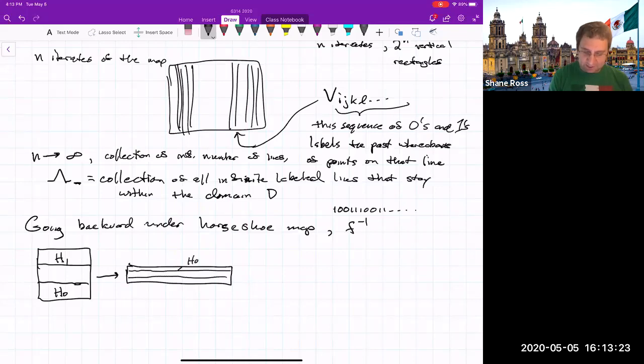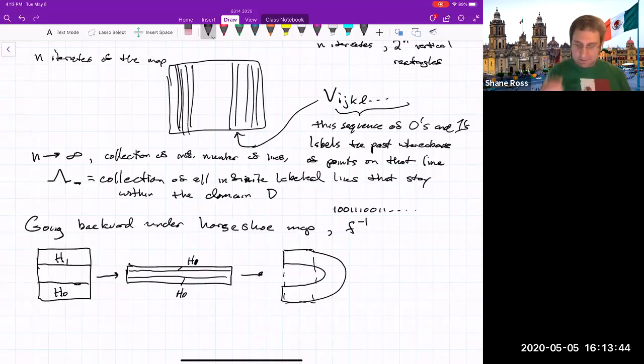So this is H1, and this is H0. And then you stretch and fold, making the horseshoe go the other way and then intersect with the original square. And you do that many, many times.